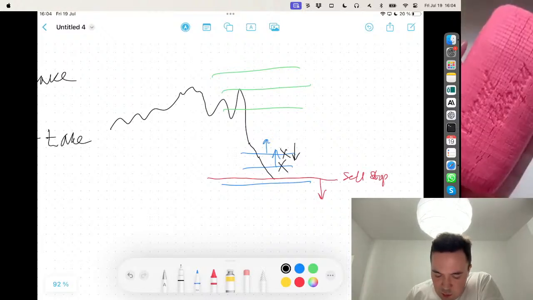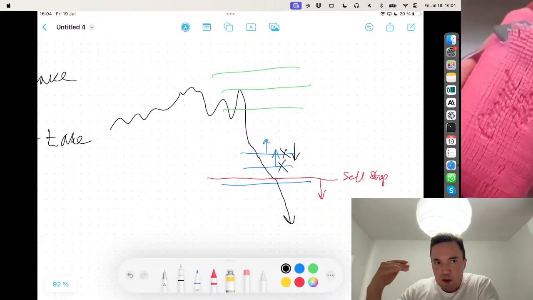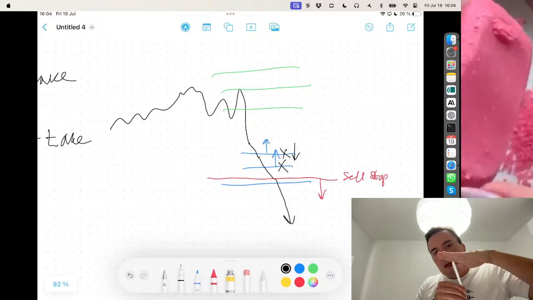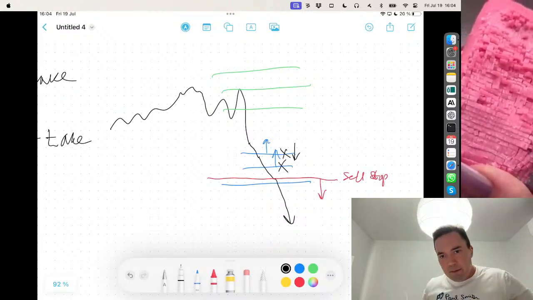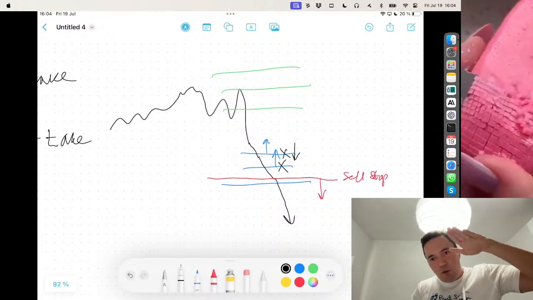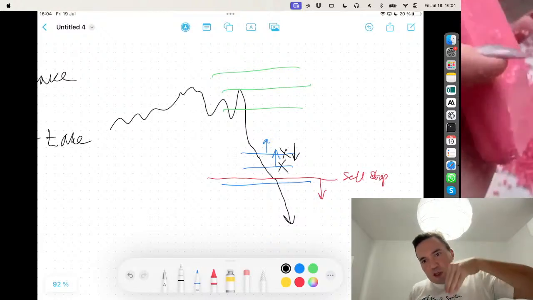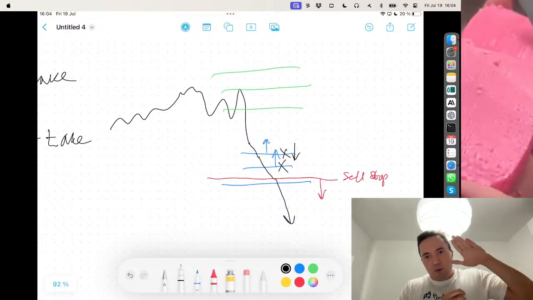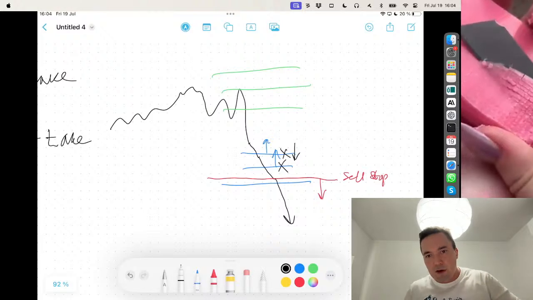So stop orders accelerate the price change through them. And a limit order, as a counter example, resists the price change when the price hits it. It pushes back. If it's a really large limit order, the price would have difficulty going through it.